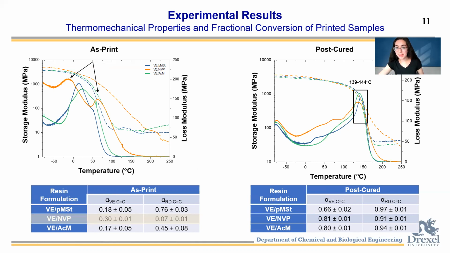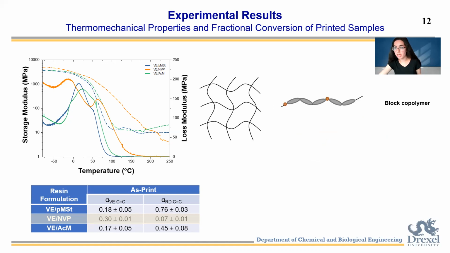So what we believe is happening here can be explained using the conversion data that I've just highlighted within this row. The vinyl ester obtains a conversion of 30%, but the diluent is only reacted to an extent of 7%. If you recall the discussion we just had on reaction kinetics and reactivity ratios, this aligns pretty well with that. So we have our block copolymer that is mainly vinyl ester.